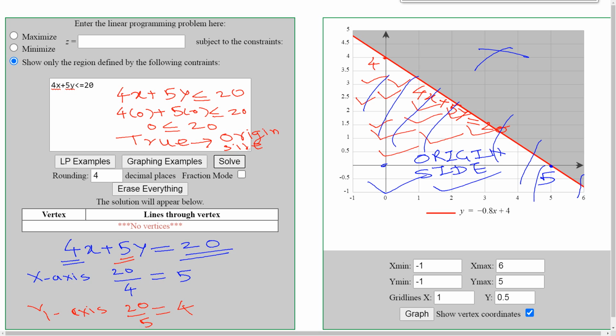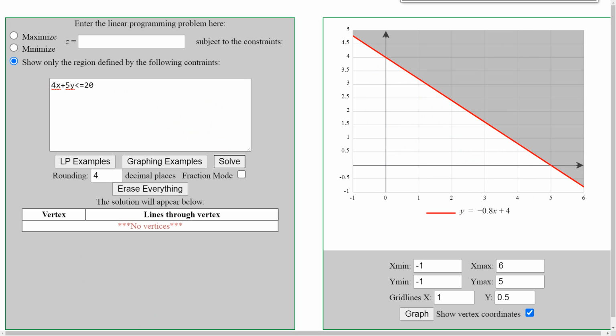Okay. As a final example, let us reverse this inequality and see what we get. So this time I take the inequality as 4x plus 5y is greater equal to 20. Let me make the corrections over here also.